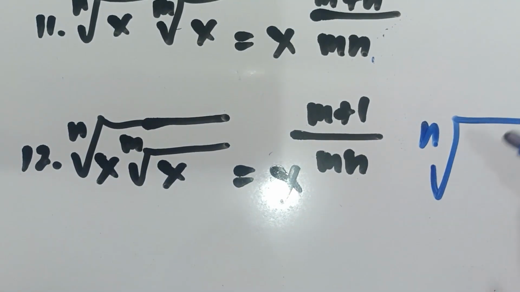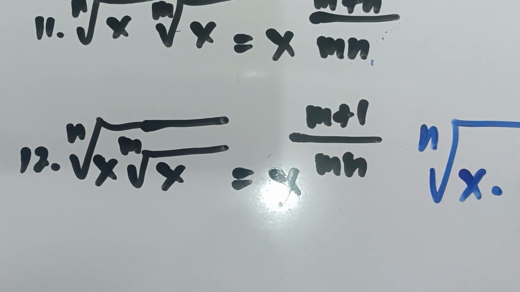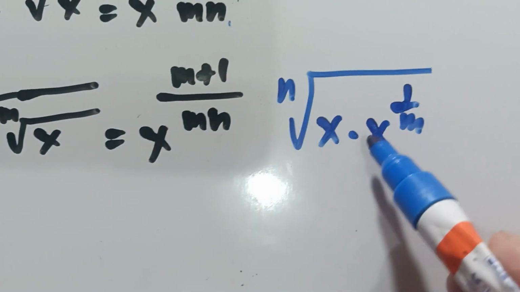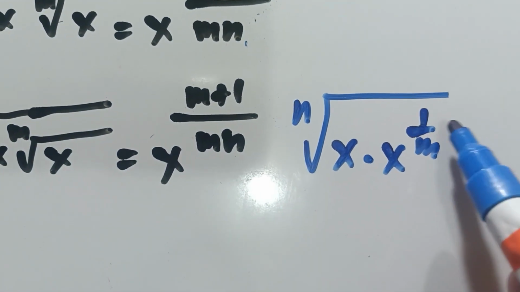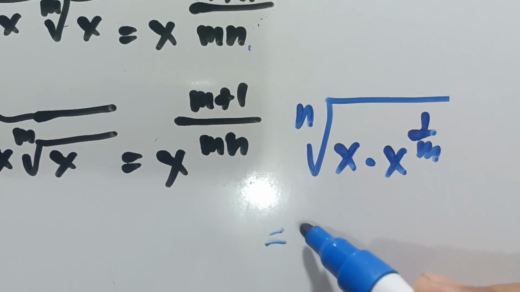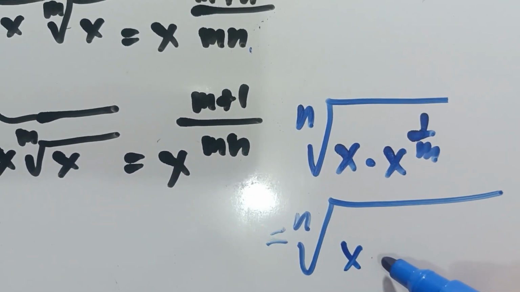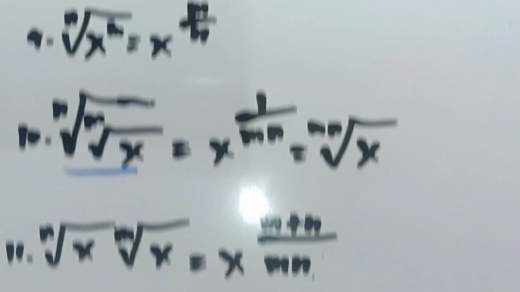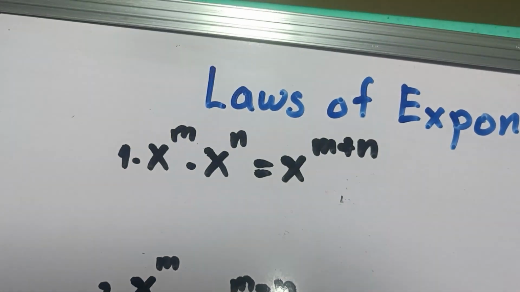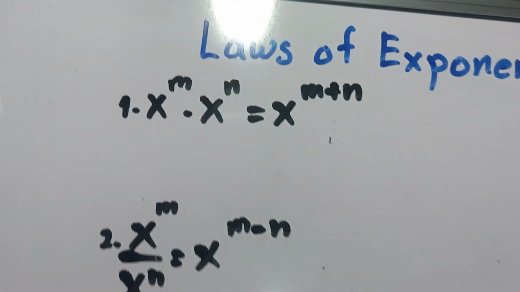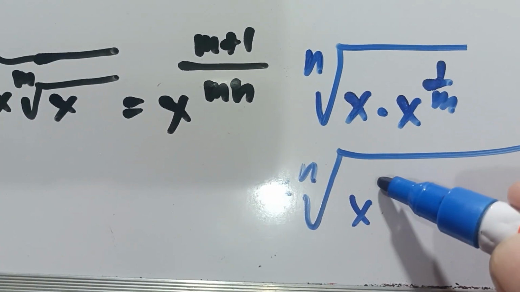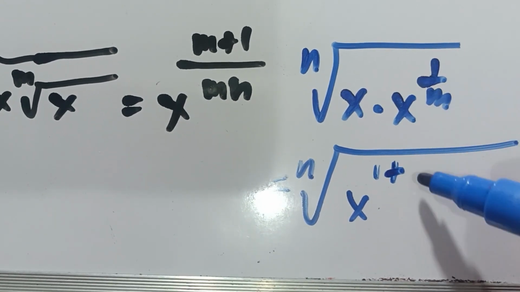So this becomes x times x to the power 1 over m. Since this is multiplication, we go back to rule number 1: just copy the base and then add the powers. So copy x, and this has an imaginary 1, so add the powers, 1 plus 1 over m.